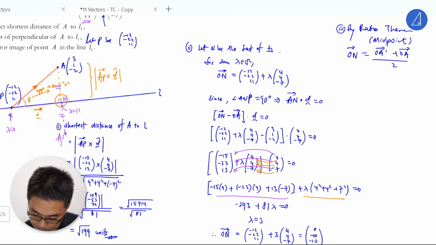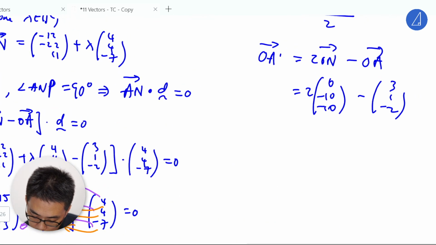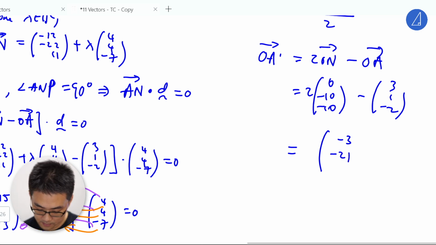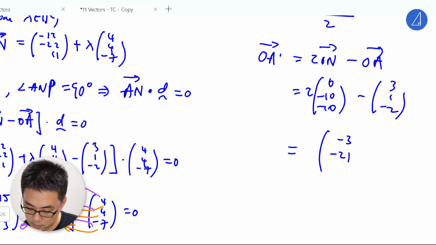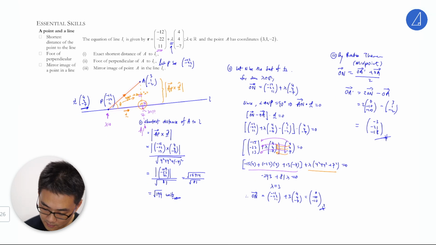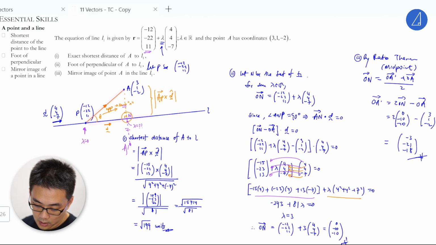So ON will be minus 20, minus 21. So this is the answer here.